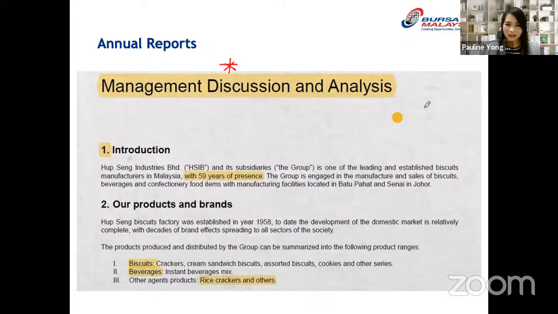Of course, you have to look at the numbers as well, to see whether overall there is a gain, or more growth or less growth. But after that, go straight into the management discussion and analysis and read line by line, because all the information is important.